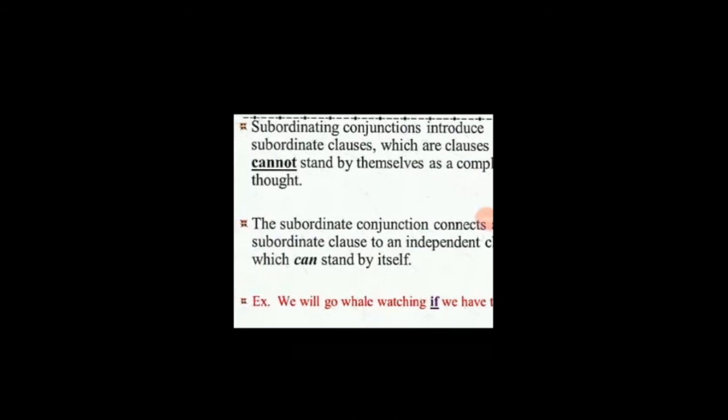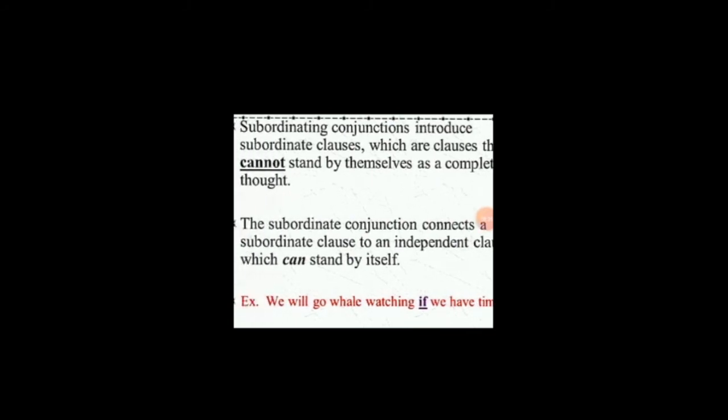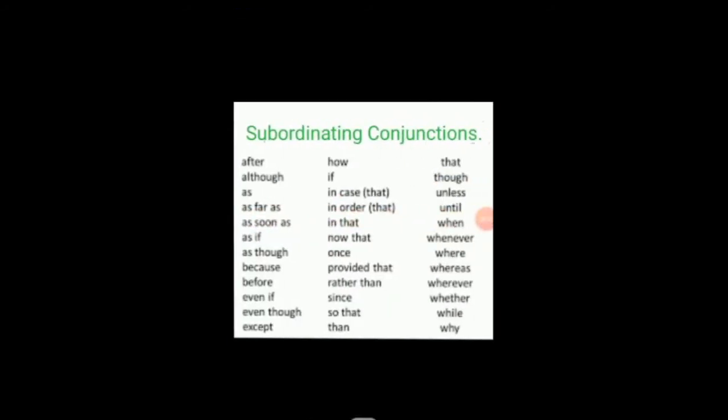So where is the main clause? The main clause is we will go whale watching. That's it. It's giving you a complete sense without any help. But if we see we have time, so what? The next question comes, so what? What do you want to do? So we have time is a dependent clause and we will go whale watching is an independent clause, and in between them you have used if, which is a subordinating conjunction, used to join together two sentences in which one is a dependent clause and the next one is an independent clause.